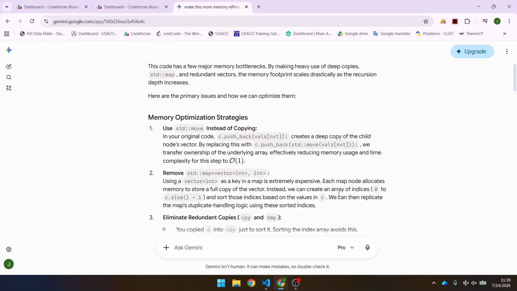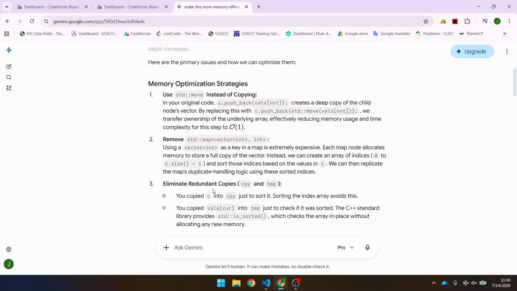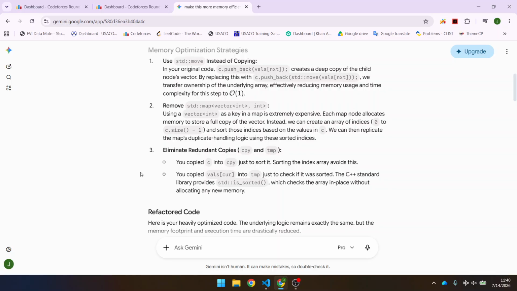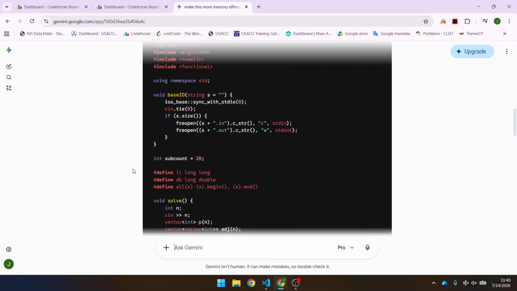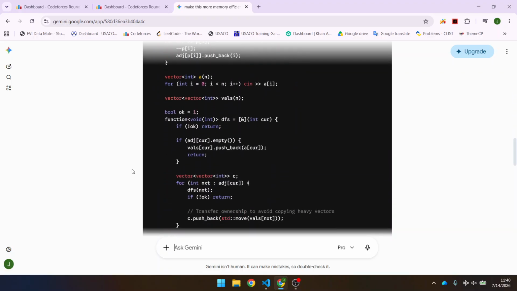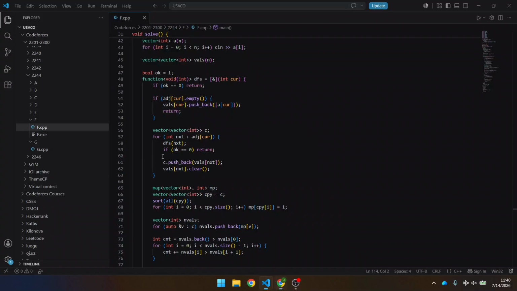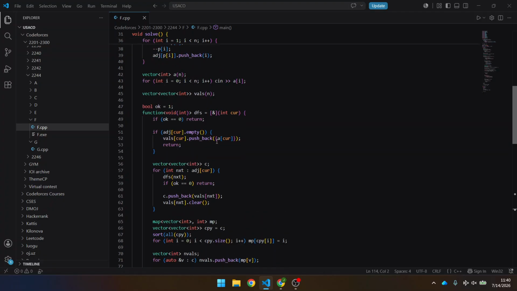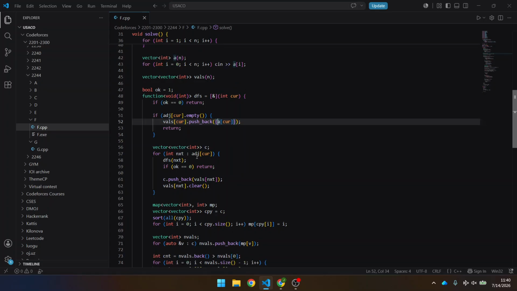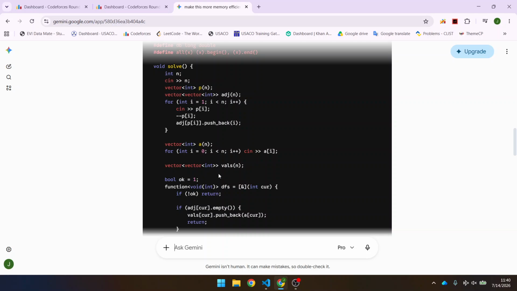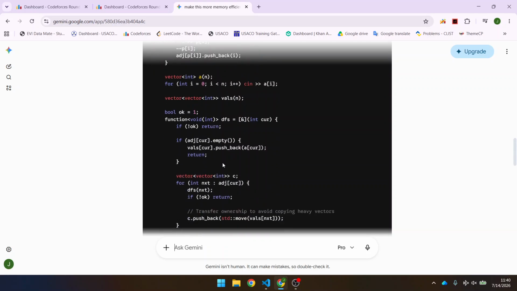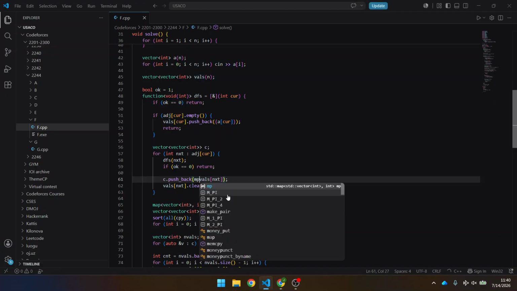Instead, we can create an array of indices, or just sort these indices based on the values in C. Okay. And later we're going to avoid copies. Let's see, right? So use move. Is it just set up push_back move? Okay, set up push_back move.